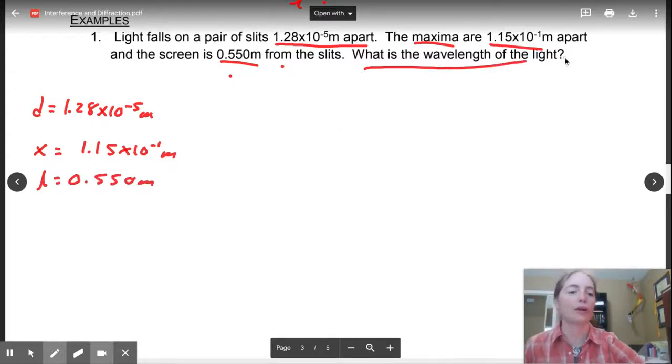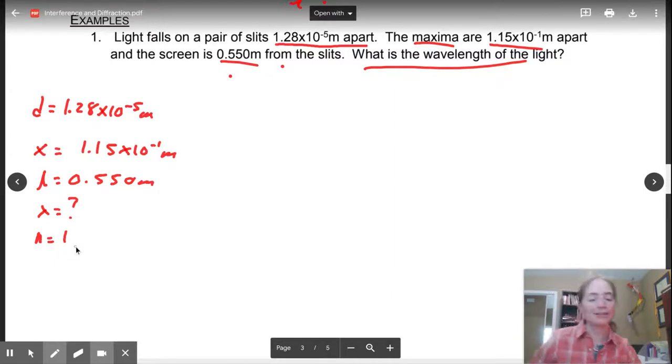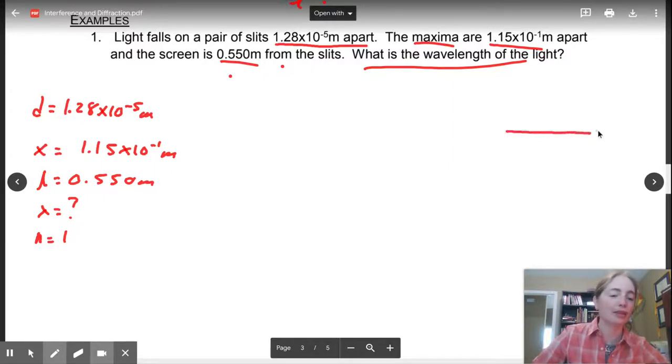Now remember how I said earlier that if you aren't given n, assume it's 1? Why does that work in this scenario? I said the distance between the maxima is this far. Here is n equals 0, this is n equals 1, and this is n equals 2.